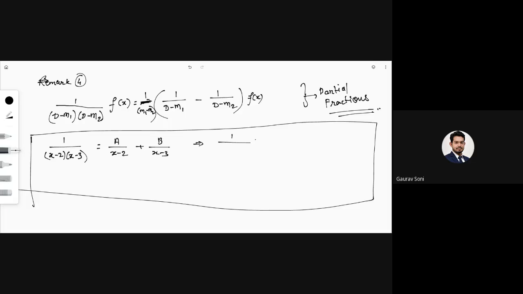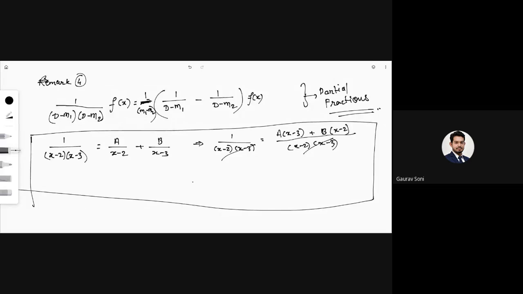So 1 upon (x minus 2)(x minus 3) will be equal to, cross multiplication will give me, a into (x minus 3) plus b into (x minus 2), and in the denominator (x minus 2)(x minus 3). So this denominator will get cancelled out.